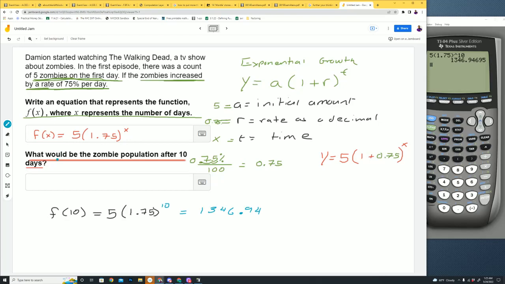I know that sometimes we're dealing with zombies, we can deal with halves of zombies and parts of zombies, but we're just going to consider them one whole. We can round this to 1,346 zombies.